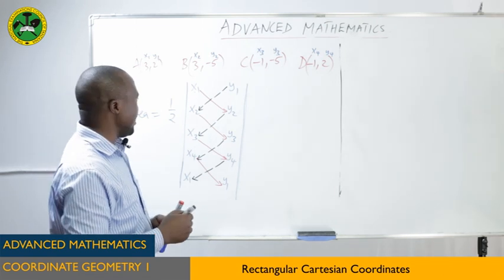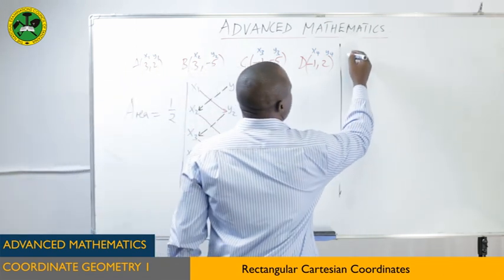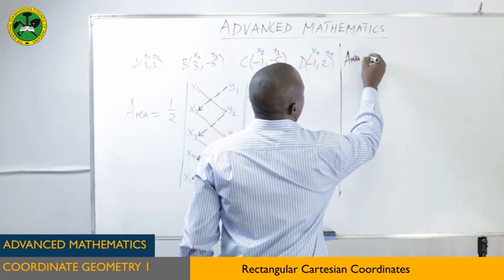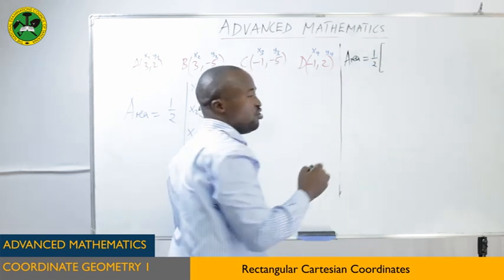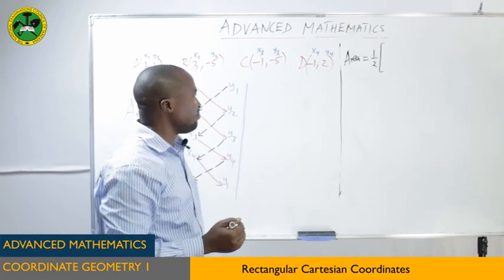Now, in this case, the area of a rectangle will be equals to a half. Remember, we use bracket to avoid confusion.